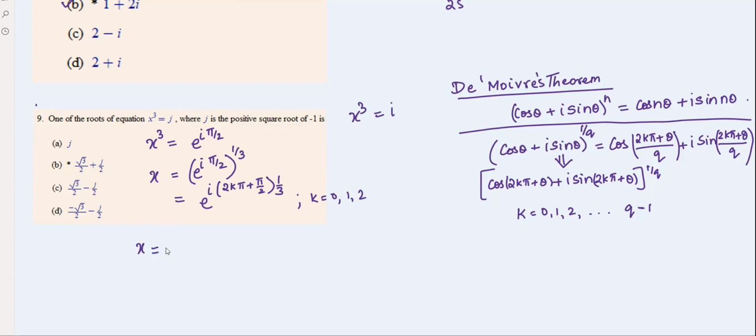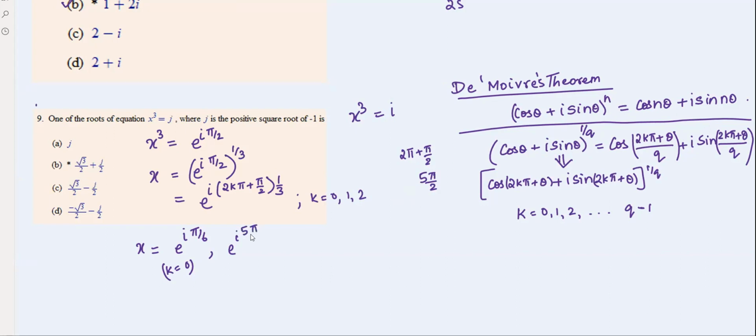So put 0, I'll get e power i pi by 6, for k equal to 0. Take k equal to 1, I'll get 2 pi plus pi by 2, that is 5 pi by 2, into 1 by 3.